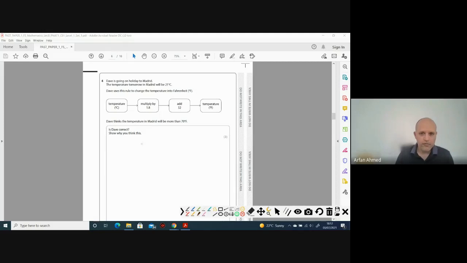You just follow the arrows, follow the rule. So you've got temperature in degrees C, times by 1.8. Let's do that on the calculator. 21 times 1.8. So I get 37.8. You get 1 mark just for showing that. Then you have to add 32.